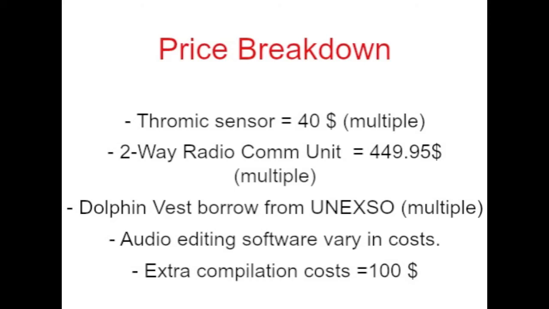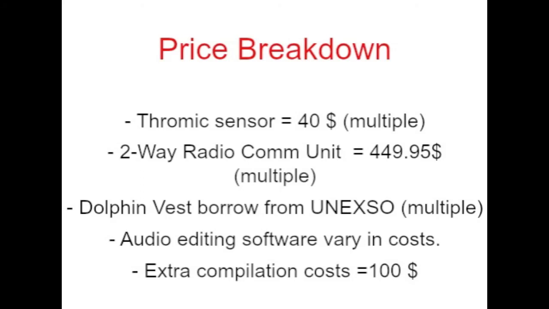We expect the price breakdown to be: the XN-M915B thromic sensor costs $40. Multiple of them are needed. The Ocean Reef Used Underwater Two-Way Radio Communication Unit costs $449.95, and multiple units of them are needed.